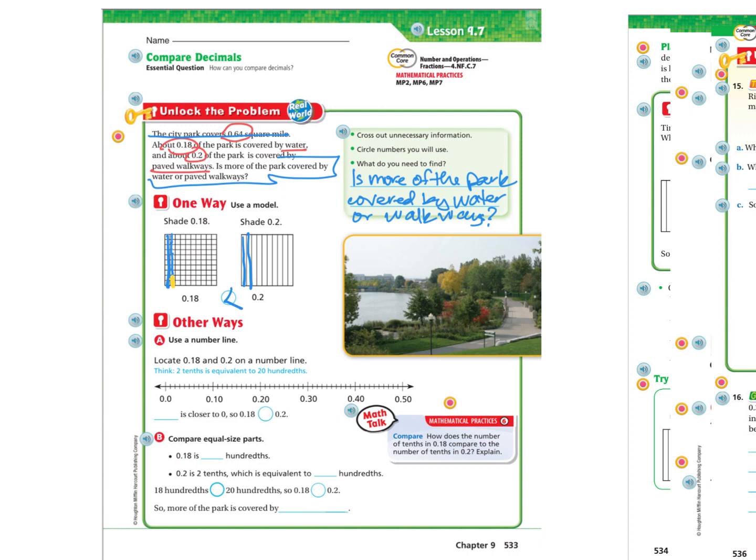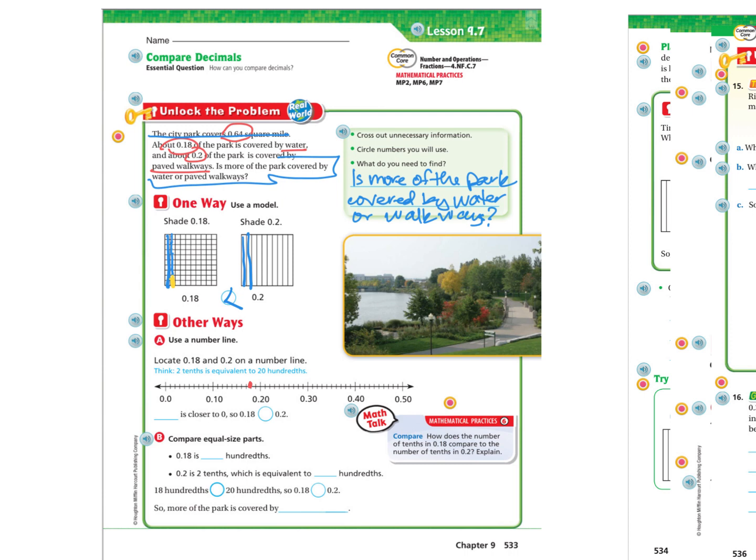Other ways, it says use a number line. Locate 1800ths and 2/10 on a number line. So 18 is where when you're counting? Before 20. It's before 20. Yeah, it's before 20. So how many before 20? 2. So we're going to go 2 before 20. So this is 1800ths. Okay, now 2/10 is the same as what? 20.